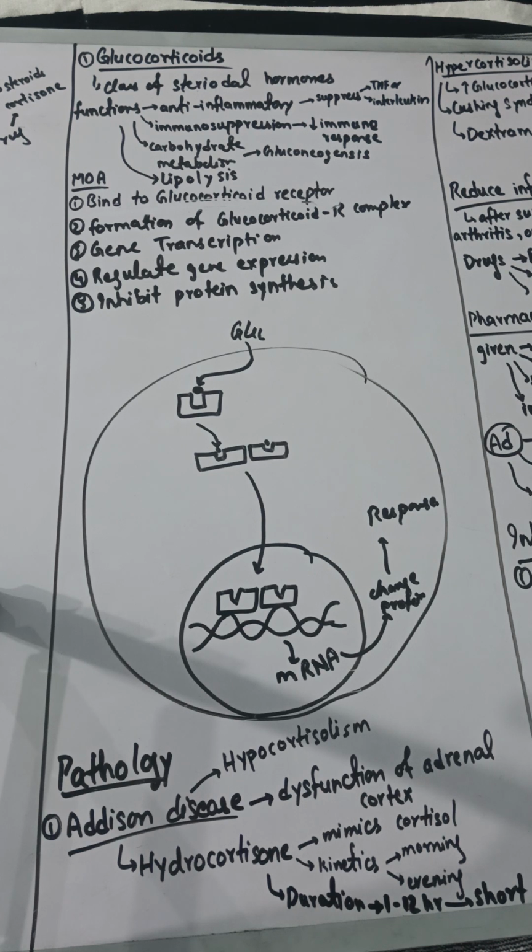If we don't give immunosuppressants to that patient, what will happen? The body begins to produce antibodies against that transplanted liver, and then they will digest the whole liver in that patient. Therefore immunosuppressants are very important for patients after surgery, after a cancer.